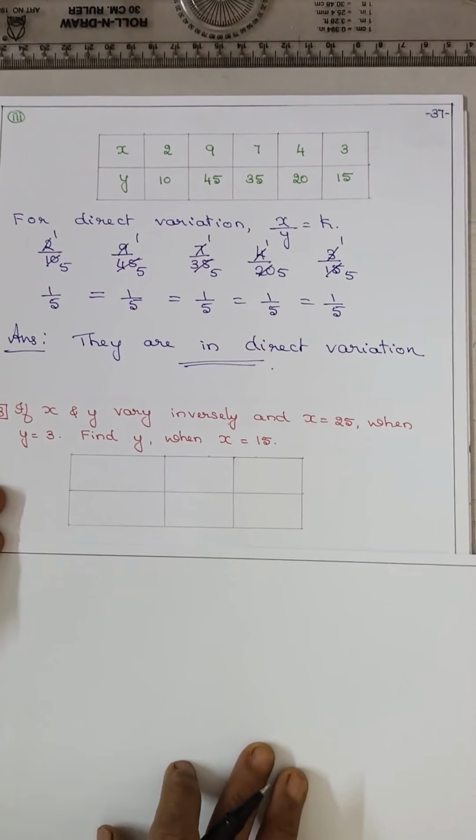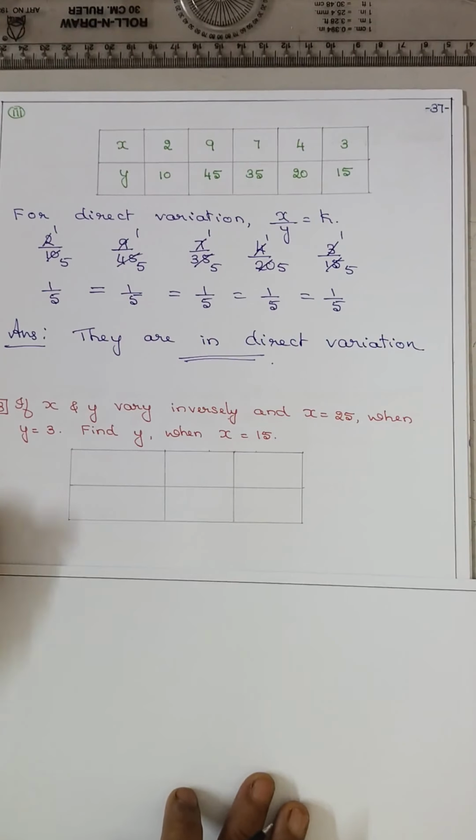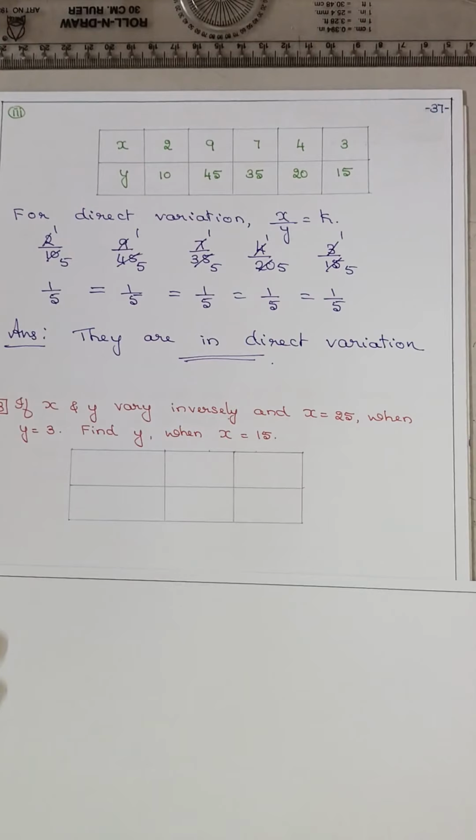Now coming to the third question, if x and y vary inversely and x is equal to 25 when y is equal to 3, find y when x is equal to 15.